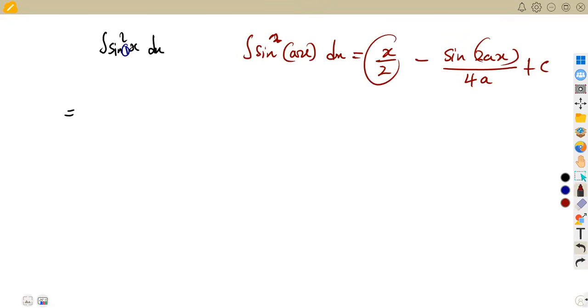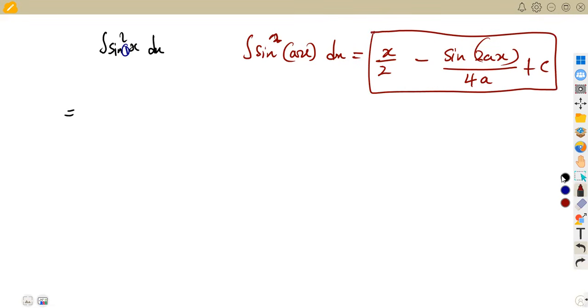So we are going to have the answer, x over 2 minus the sine of 2ax, so it's going to be 2 times 1x, over 4 times a, which is 4a, and a is 1 in that case. Plus the constant of integration.